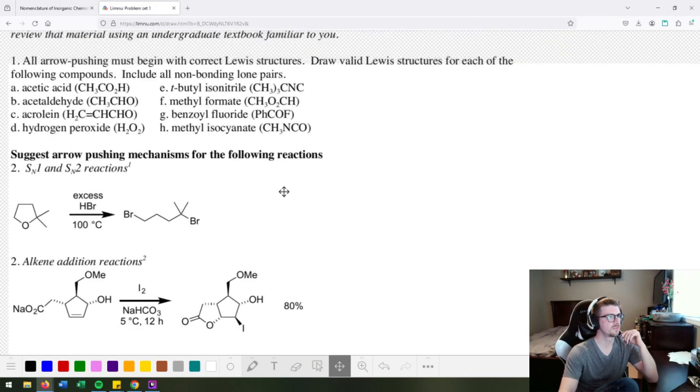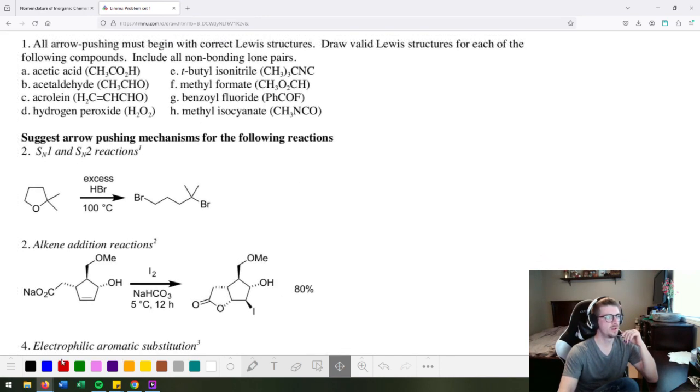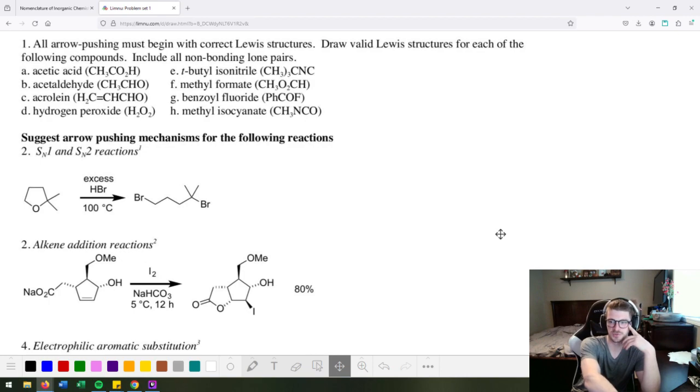So starting out with drawing Lewis structures for doing the reactions, because with SN1 and SN2, the substitution reactions, there's a few key points about them that make it really important to have a good understanding of what the mechanism of the reaction is.